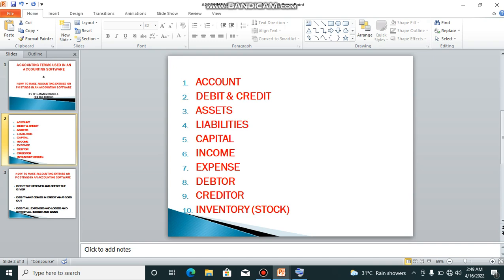I should come again. The 10 accounting terms which are frequently used in computerized accounting software are accounts, debit and credit, assets, liabilities.